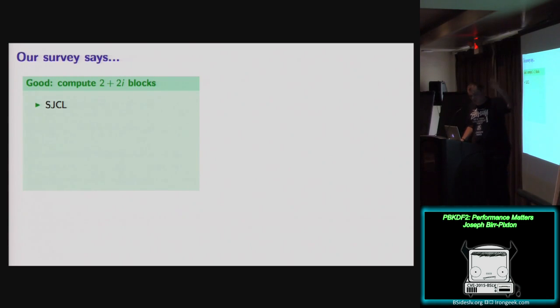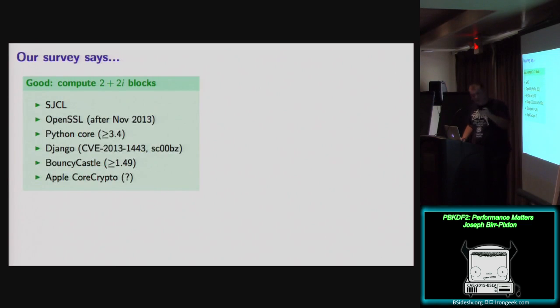That's what happens if you have your crypto library written by a world-class cryptographer, I guess. Other people: OpenSSL and Python core share the same code, written by a German Python core developer named Christian Heimes, and he noticed this in 2013 and made sure that both were quite good.